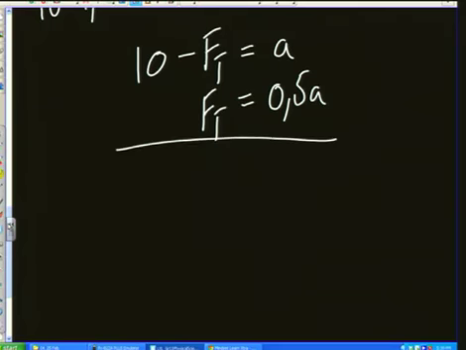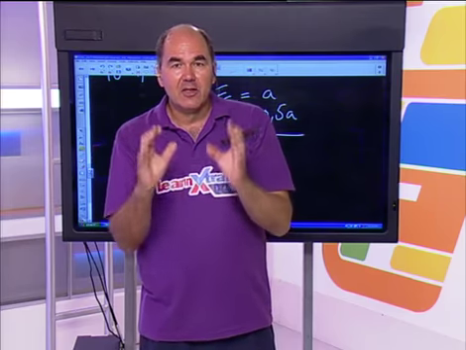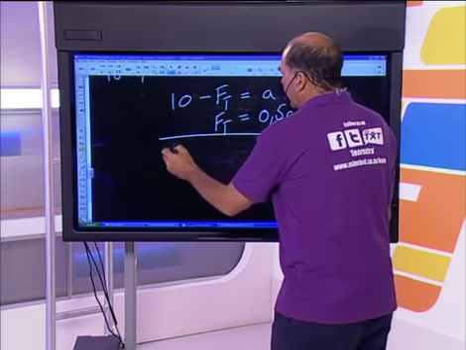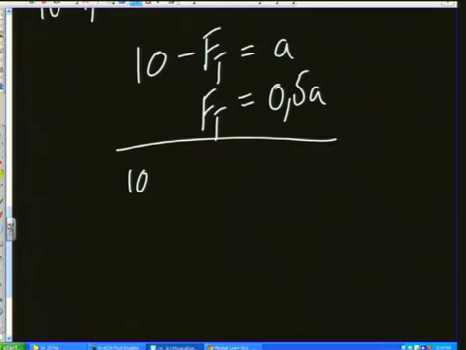This method is by elimination and by adding. If you set up your equations correctly, and you've used your correct signs, then you'll be able to add the two together, and the Ft will cancel out. So when I add this together, I'll get 10, and this one will be 0 here. So 10 is equal to 1.5a.